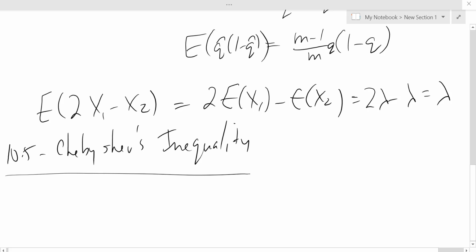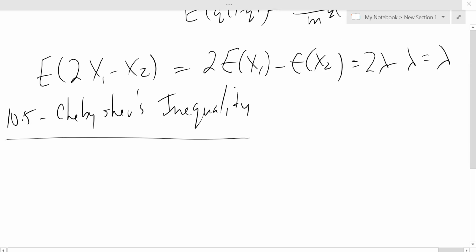Is that one word or two? It's one word. Sorry. All right. So you may have seen Chebyshev's inequality before. It's a very, very interesting theorem in general.